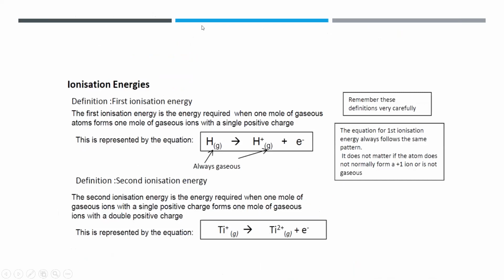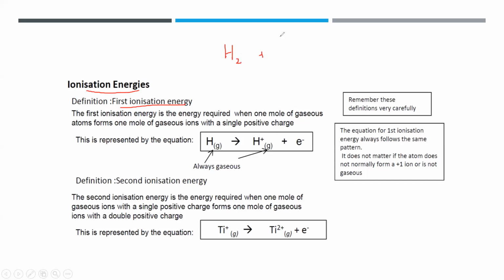Now, what is the meaning of ionization energy, or the first ionization energy? It is the energy required to remove an electron from a neutral gaseous atom. So how much energy we need to remove the electron from a neutral gaseous atom, we call that ionization. Say we have hydrogen, which is a molecule.